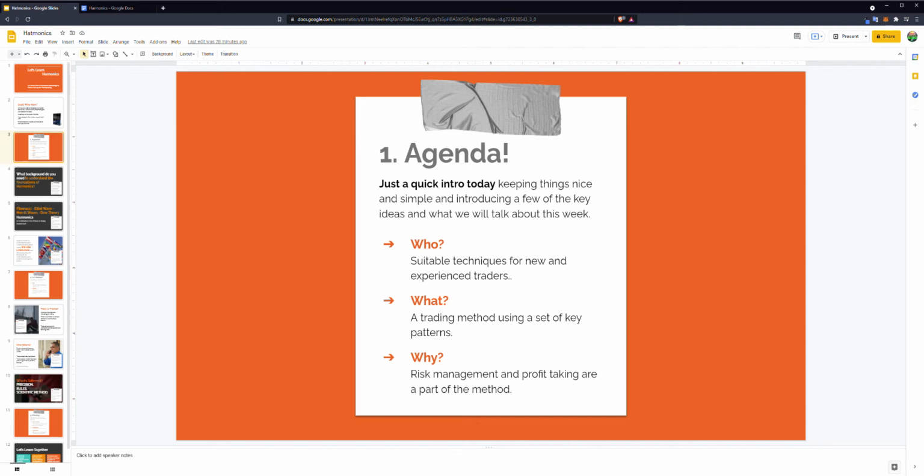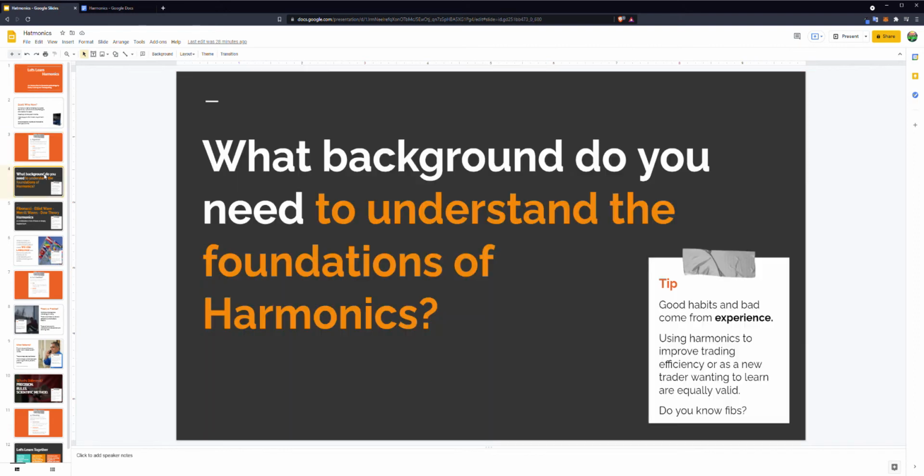Excellent, nice one. I think there's something for everybody here in what we're doing, whether they're experienced or brand new to this, even if it just boils down to learning the language. So what background do you need to understand the foundations of harmonics? It cuts both ways with regards to traders.